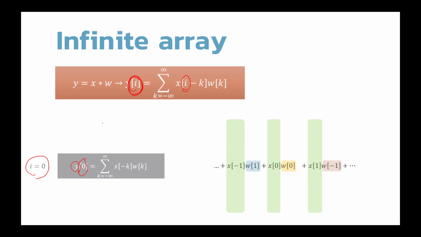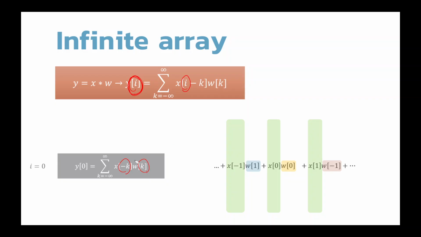What do I have to do? For an infinite array, meaning x and w are really, really long vectors, I have to do the infinite sum of the multiplication between x at i minus k and w at k.